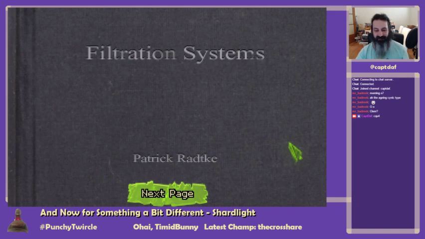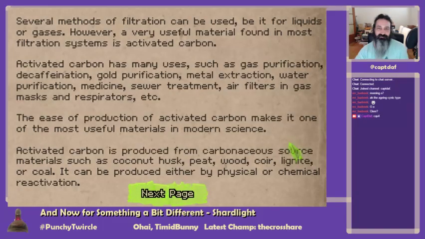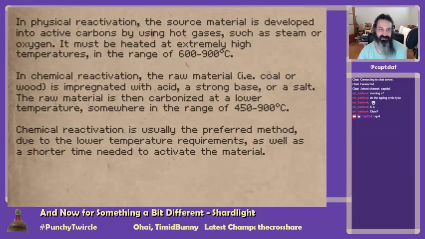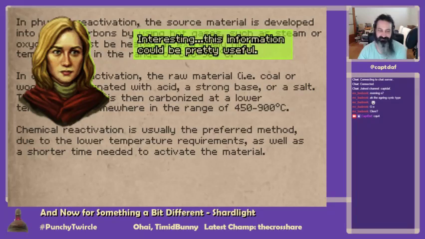Filtration systems. Activated carbon. Produced from coconut husk, peat, wood, physical or chemical reactivation. Interesting. This information could be pretty useful.